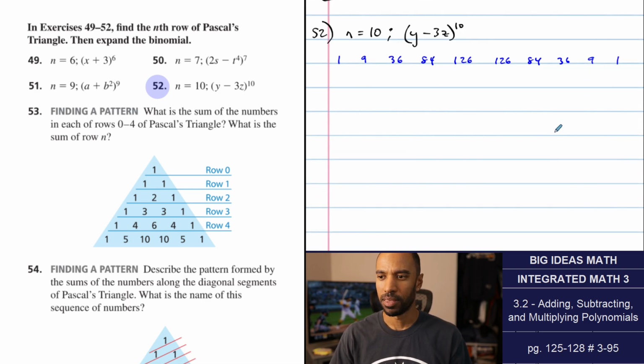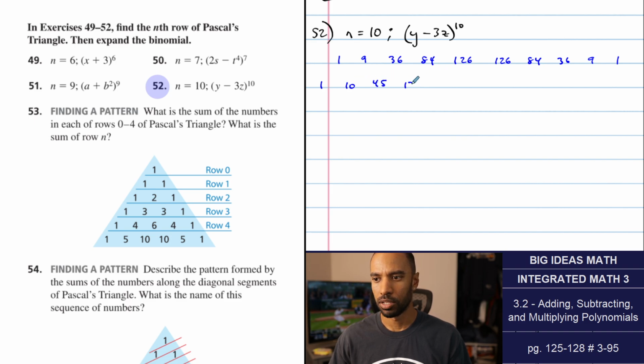Now row 10 needs to be the addition of these numbers. So 1, 10, 45, 120, 210, 252, and then 210, 120, 45, 10, and 1.